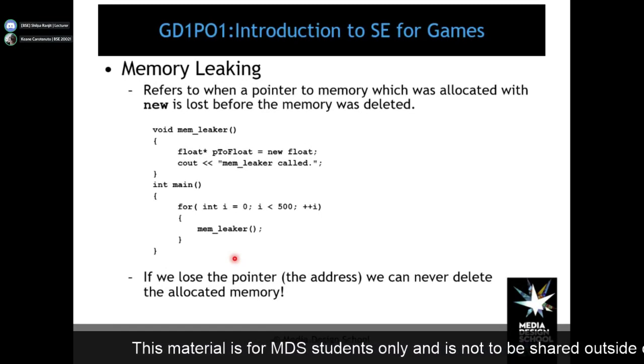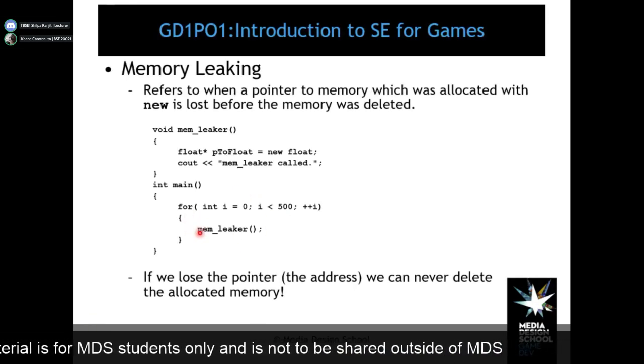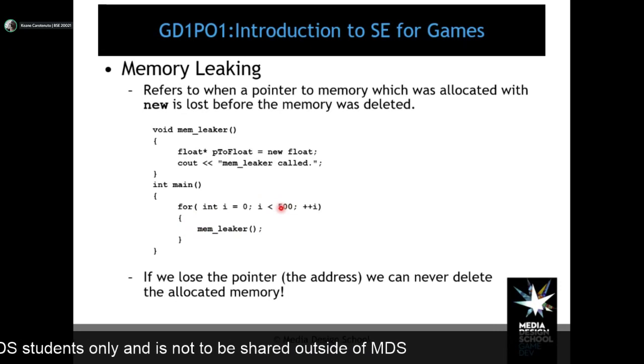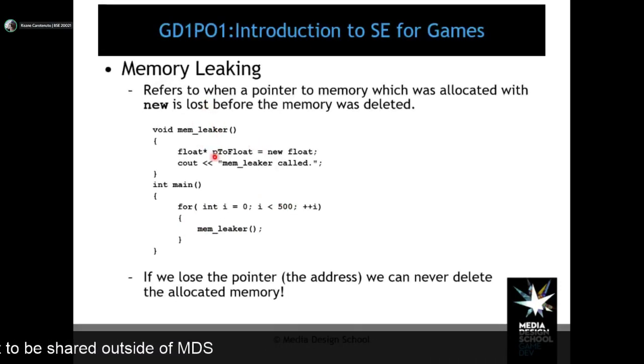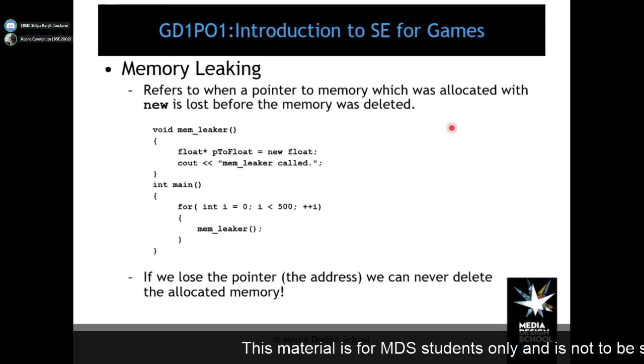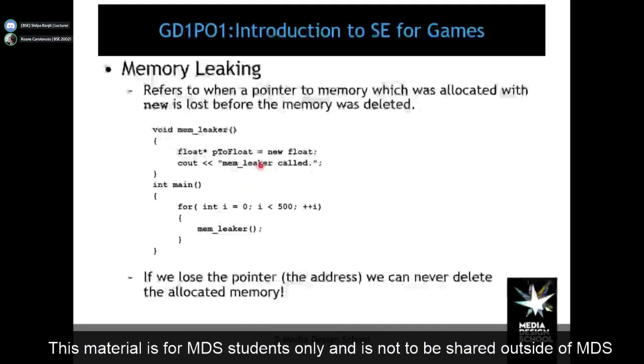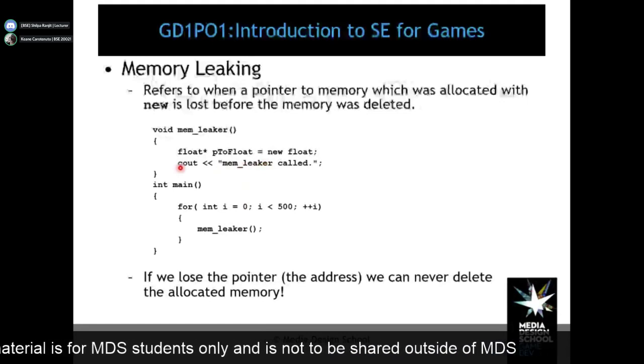In this example, in the main, as you can see, the mem leaker is called around 500 times. So 500 times a new pointer is allocated memory from the heap. So 500 floating point memories are used up from the heap memory, but they are never deleted, and that's when a memory leak happens.